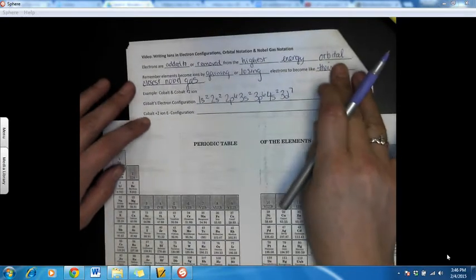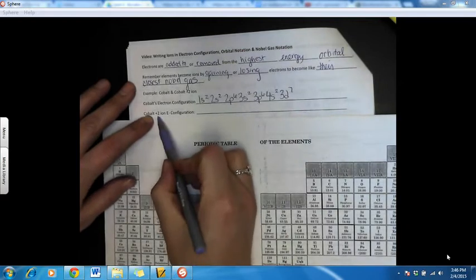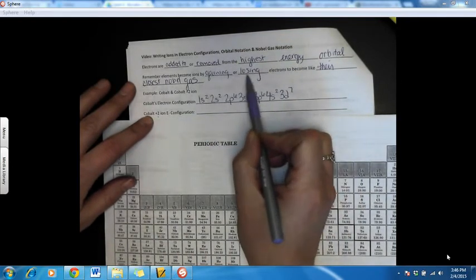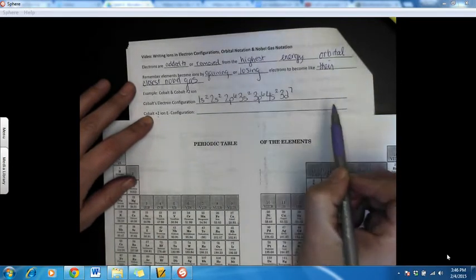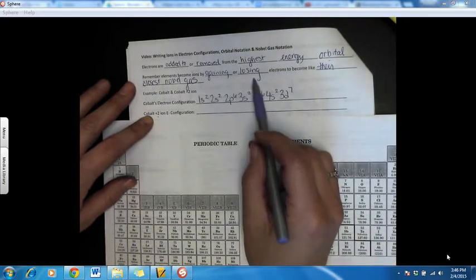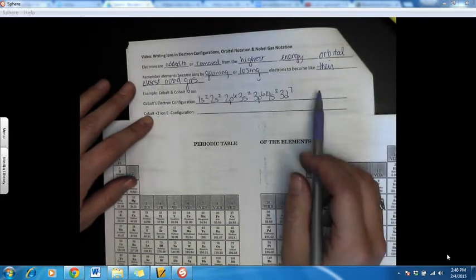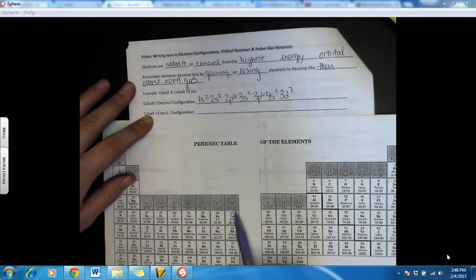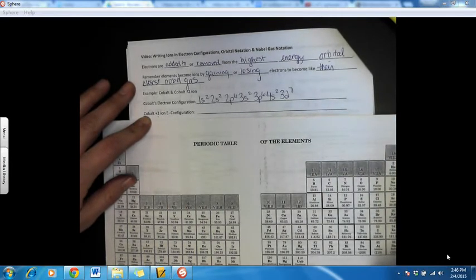Now, when cobalt becomes cobalt plus 2, it's going to lose electrons because it's a metal. It's to the left of our staircase line. It's going to lose electrons, become like its closest noble gas. In this case, it's going to lose 2 electrons, become closer to its noble gas of argon.